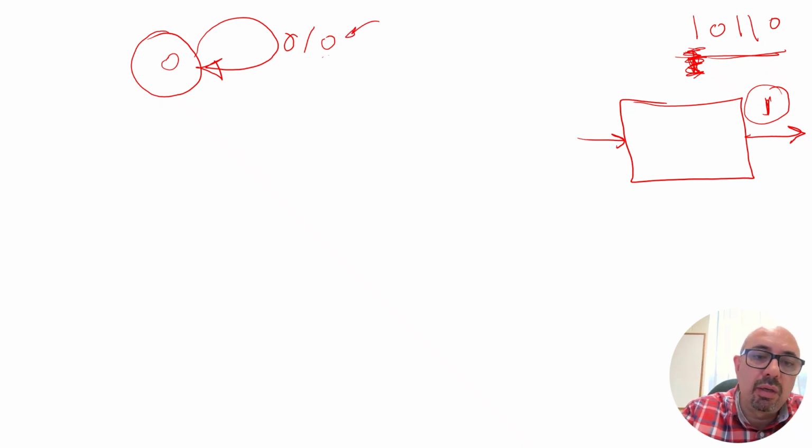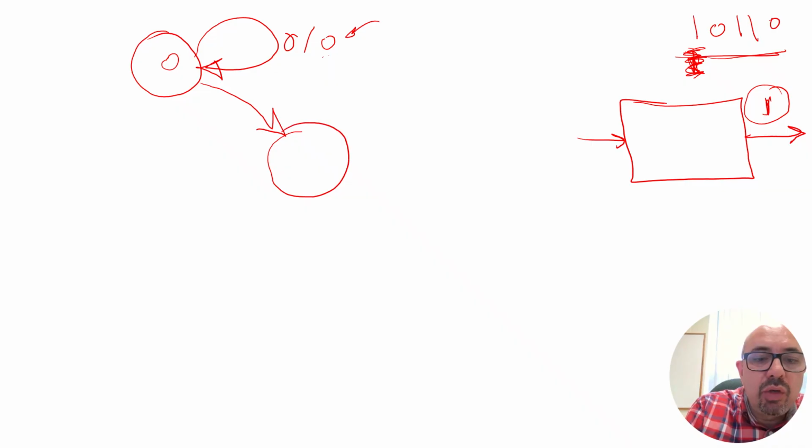The output is actually a combinational output, and it's not a state itself. Now the system will stay in state 0 as long as I receive zeros, and it will move to a new state, which is 1, when I receive a 1, but the output will stay 0. The system will stay in state 1 as long as I'm receiving a 1, and this output is 0.